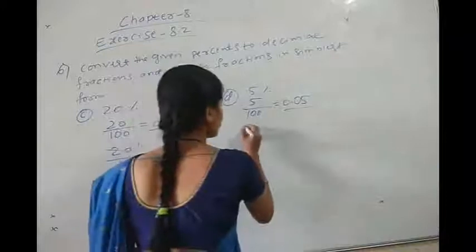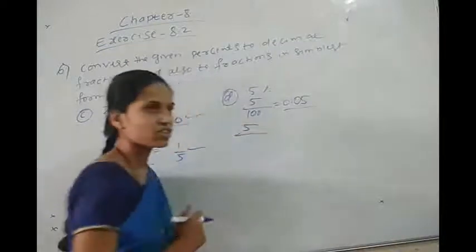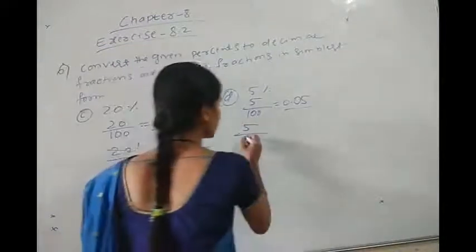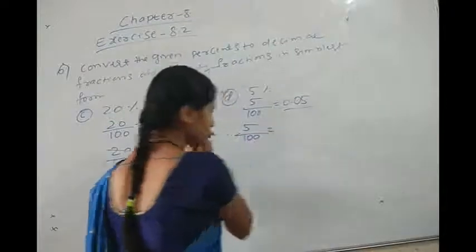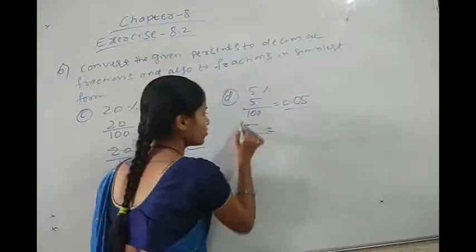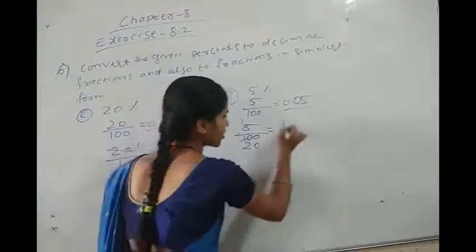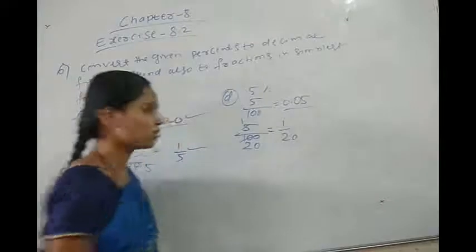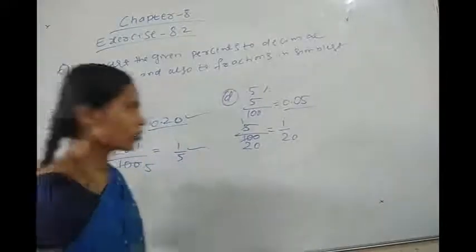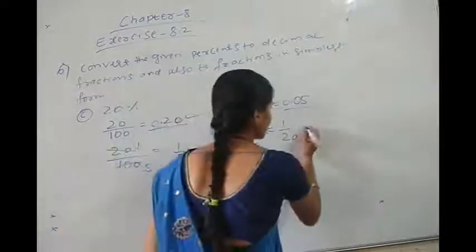Now we will convert 5% in terms of fraction in its simplest form. 5 divided by 100. Now divide this: 5 1s are 5, 5 20s are 100, 1 by 20. Now check whether 1 by 20 is in its simplest form or not. Now write the factors of 1.